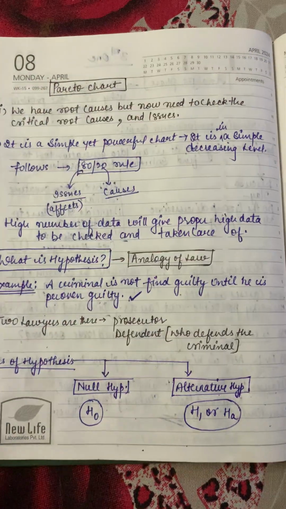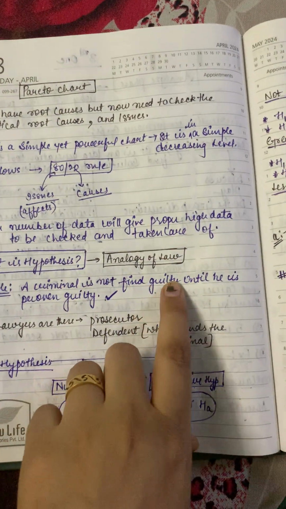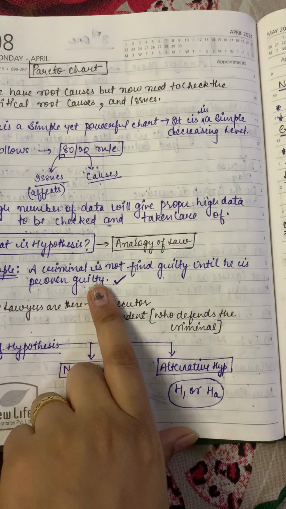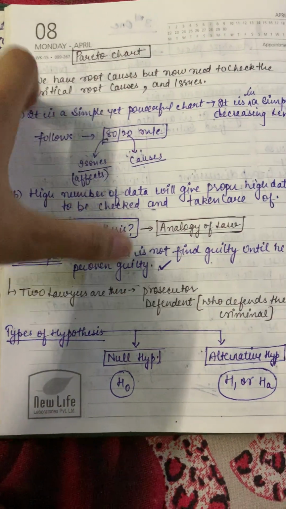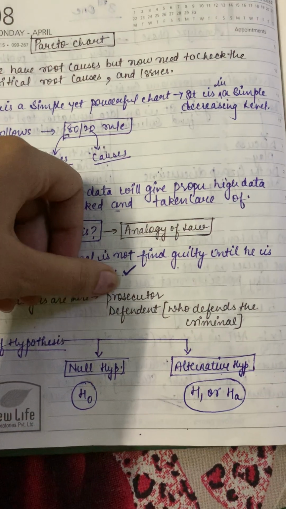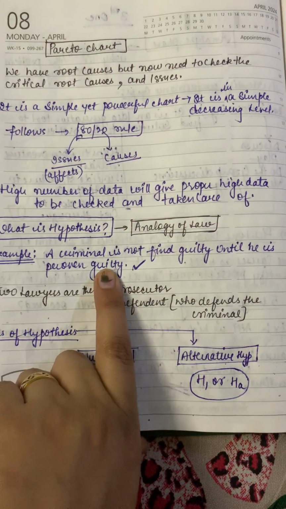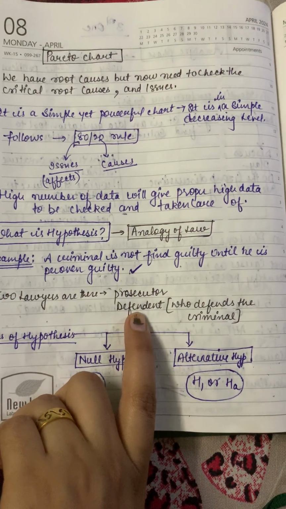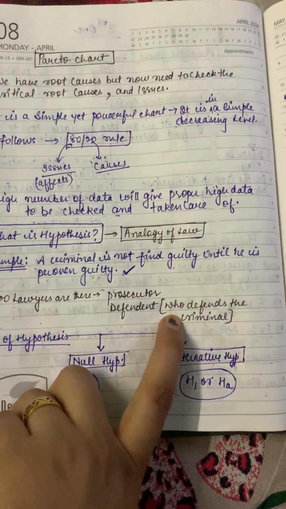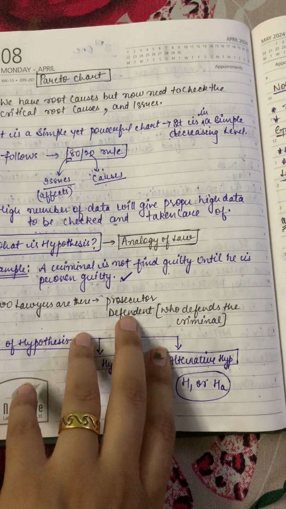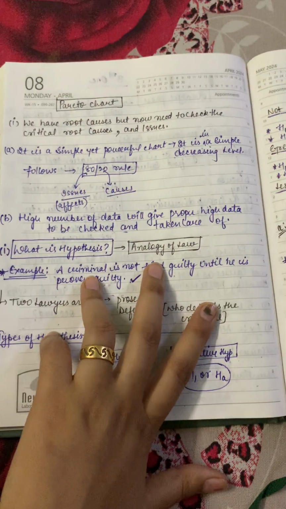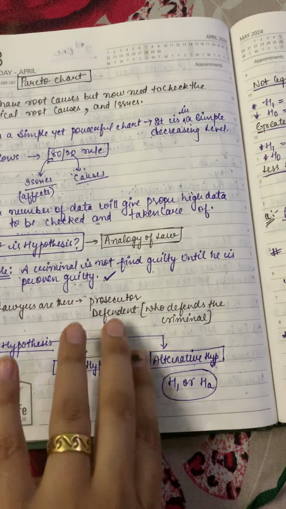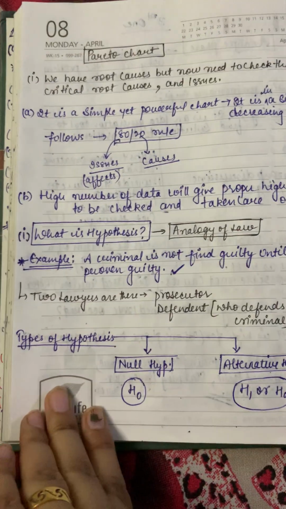For example, a criminal is not found guilty until he is proven guilty, right? So for example, 2 lawyers are there, prosecutor and defendant. The defendant will say he is not guilty and the prosecutor will say yeah, he is guilty. So either thing could be true, and we need to prove that.